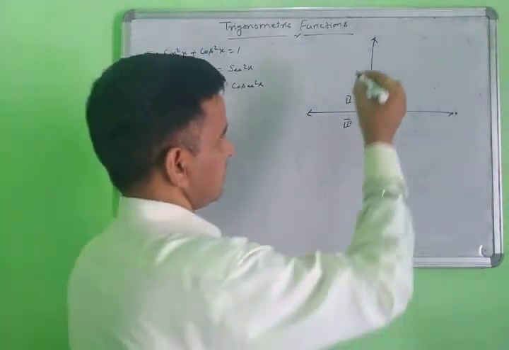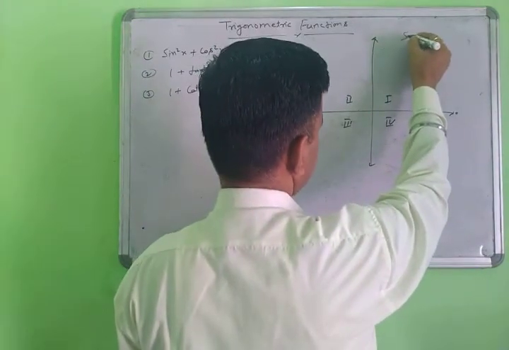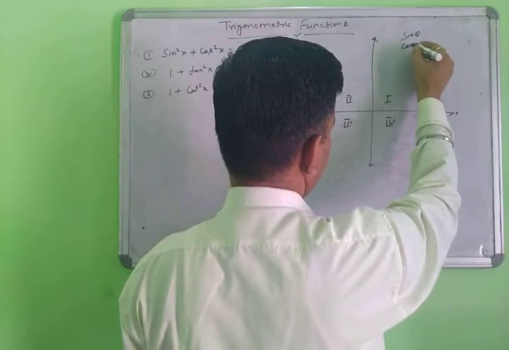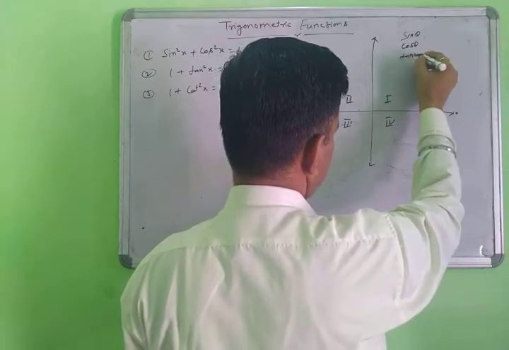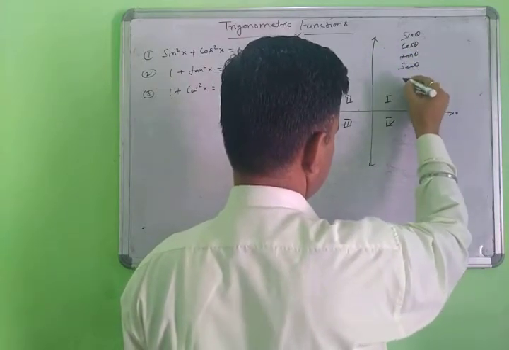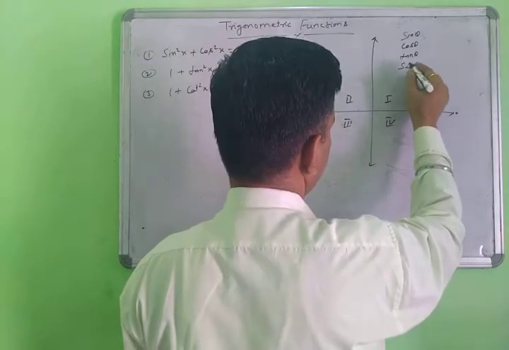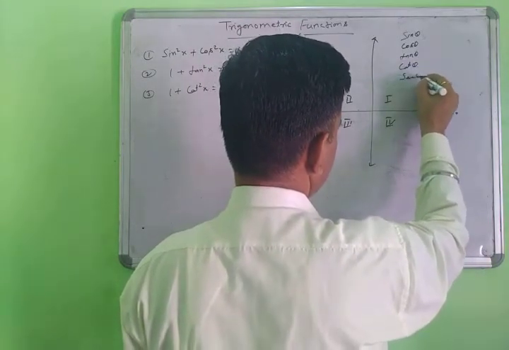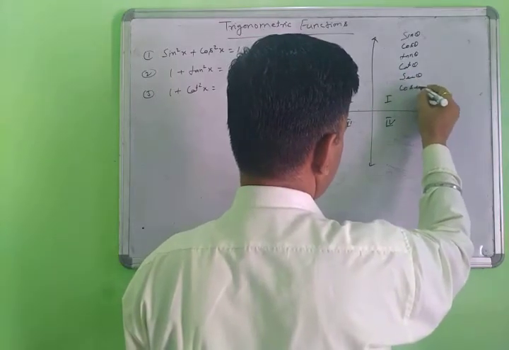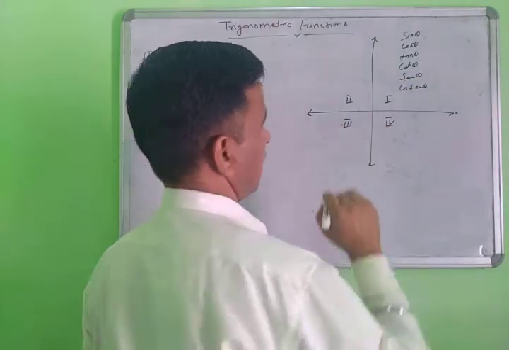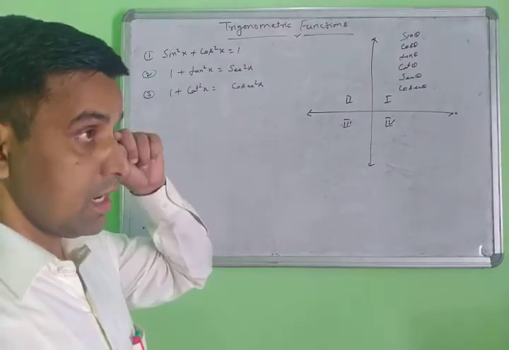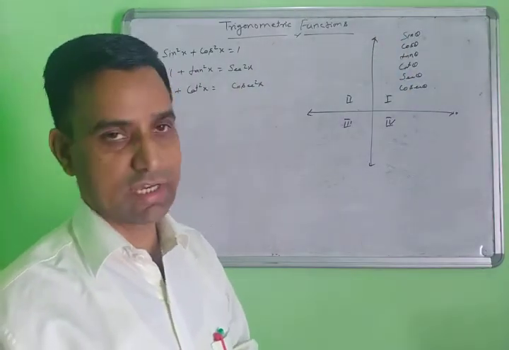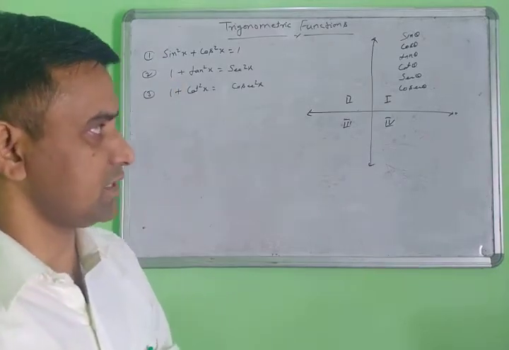Here all the trigonometric ratios sin theta, cos theta, tan theta, cot theta, sec theta and cosec theta are positive in the first quadrant.